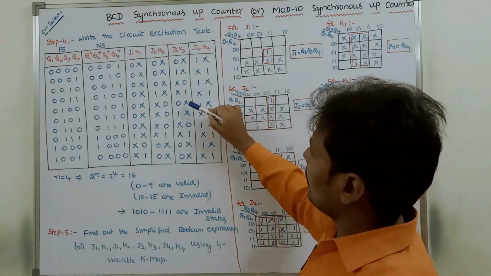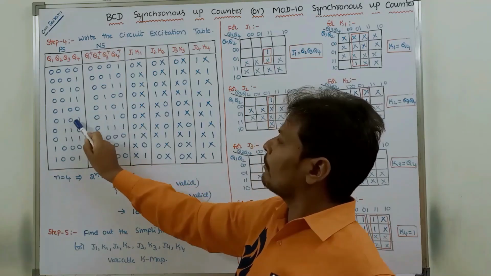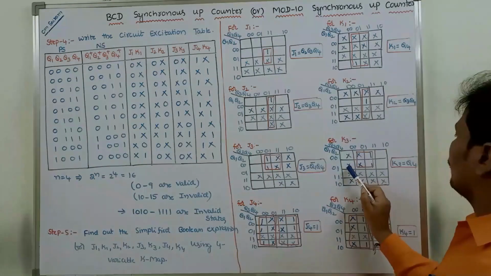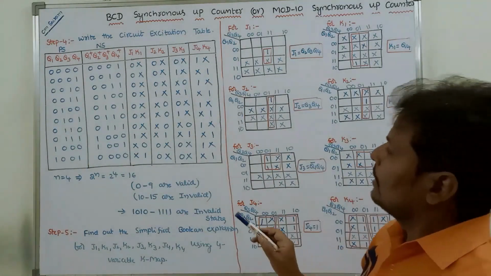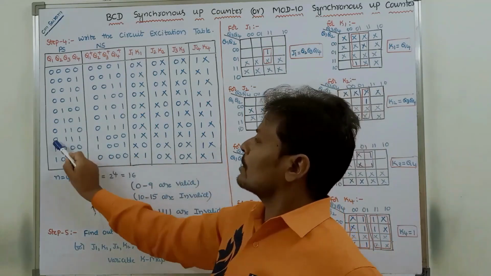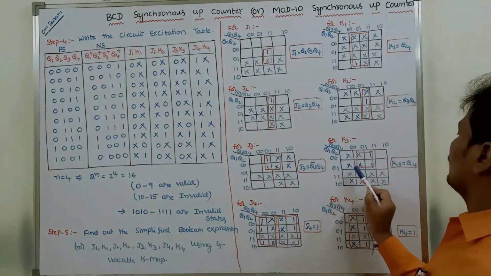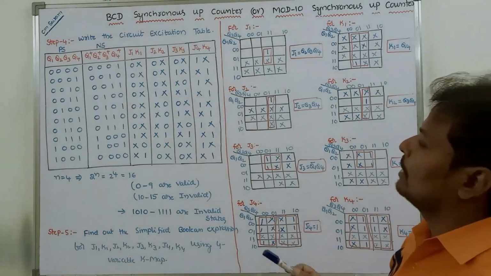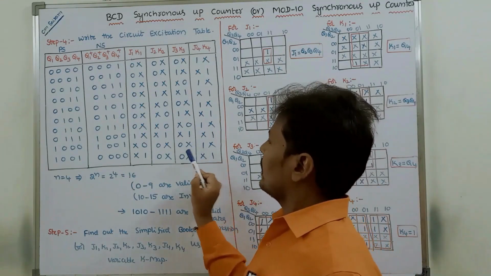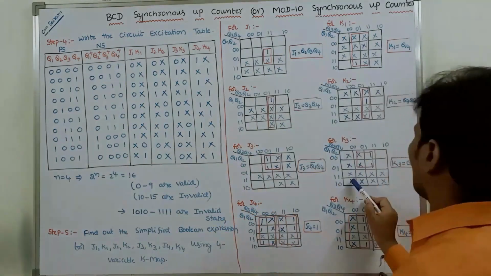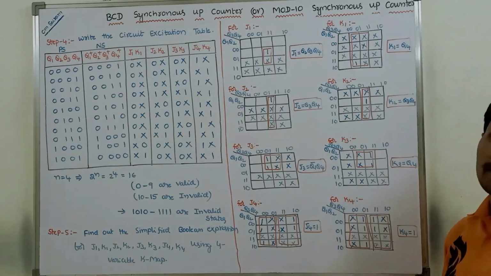Next one, here 4 and 5 are don't cares. Next one, here 1 is there, 0, 1, 1, 1, so we are placing 1. Next one, 8 and 9 are don't cares.